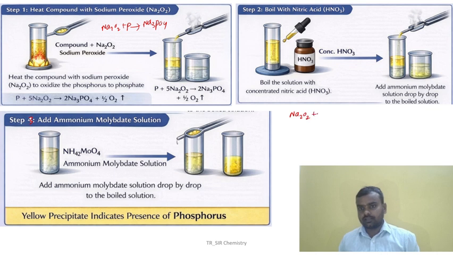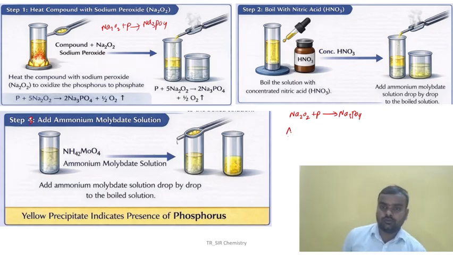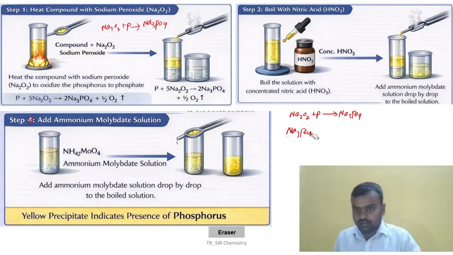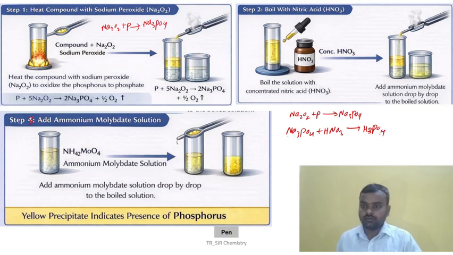The phosphorus in this organic compound gives Na3PO4. Na3PO4 is acidified with concentrated nitric acid HNO3. It will form H3PO4, phosphoric acid.